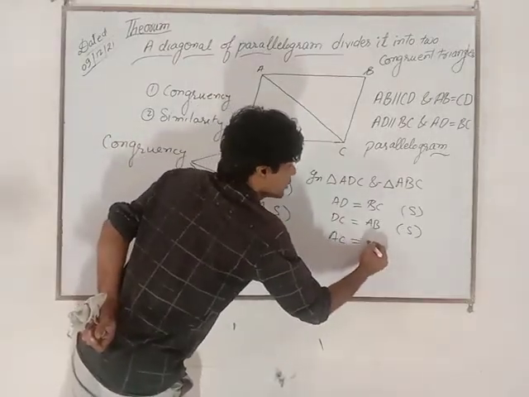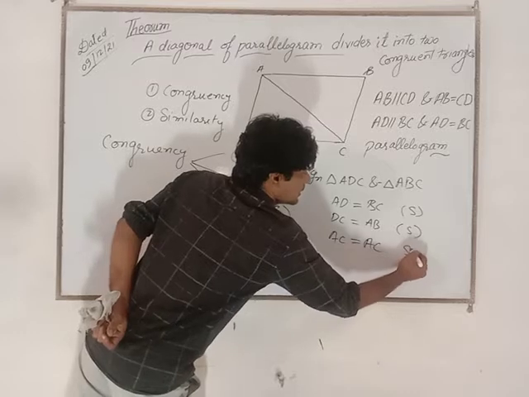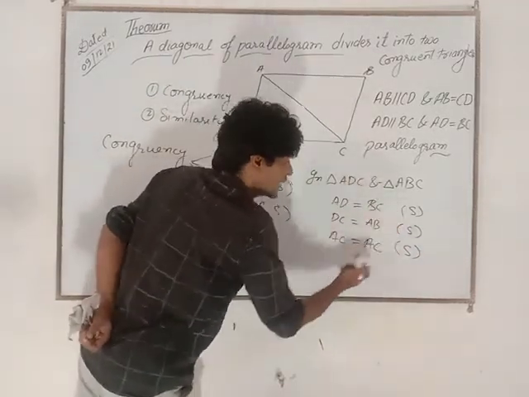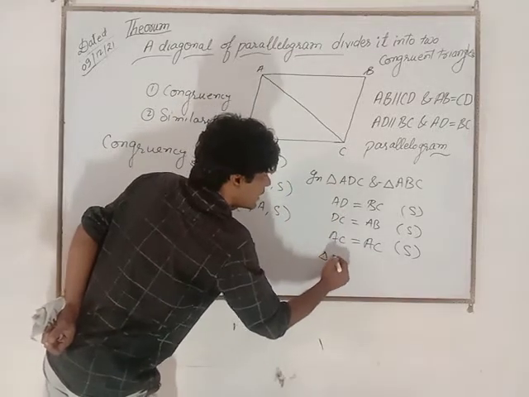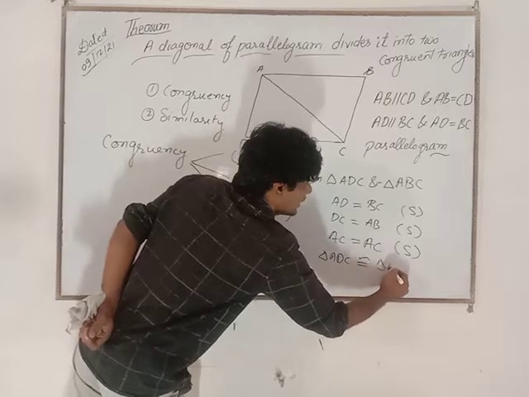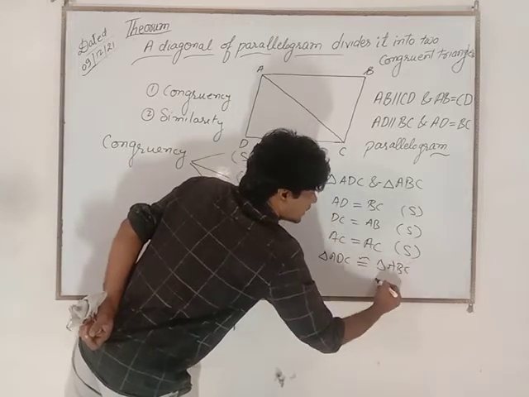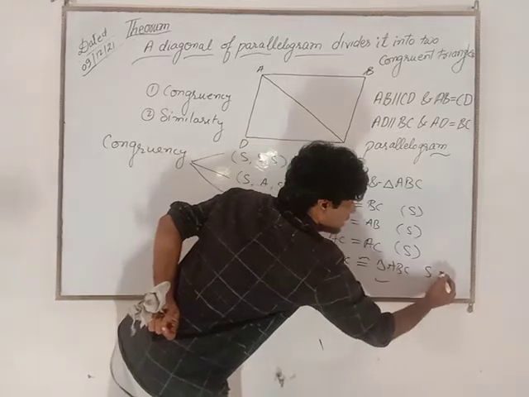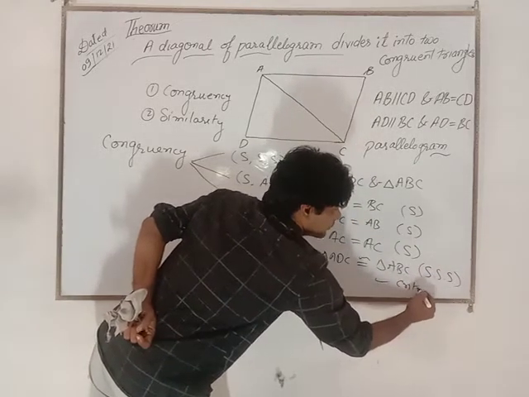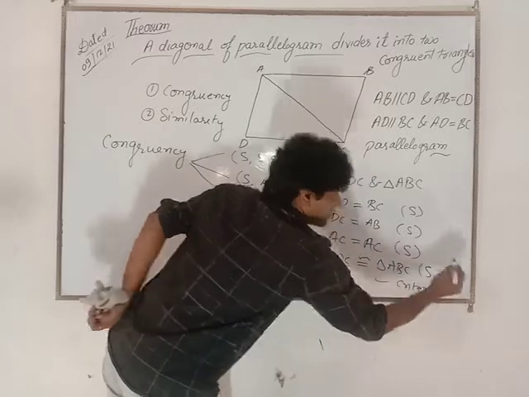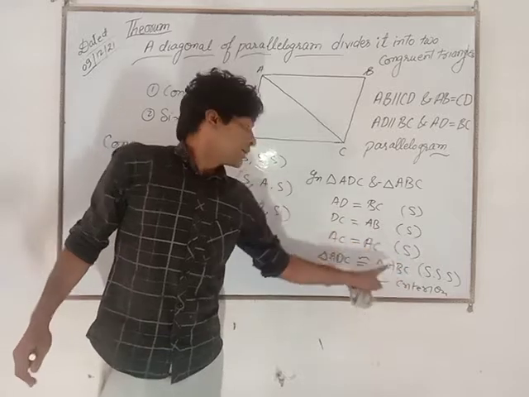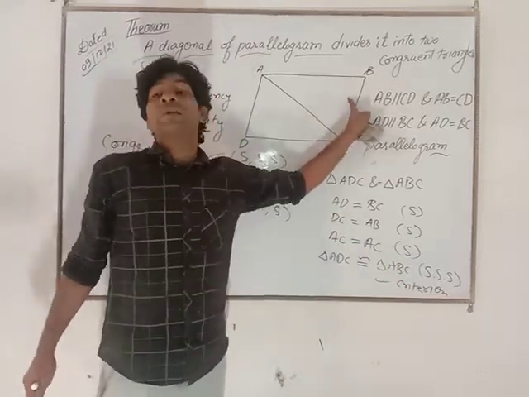Here AC is equal to AC. Now by these three corresponding sides, these two triangles will be congruent. Thus proved by triple S criterion, side criterion, right? By triple corresponding side criterion, these both triangles will be congruent.